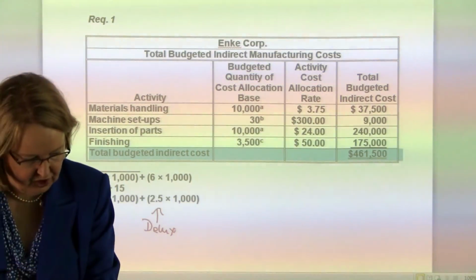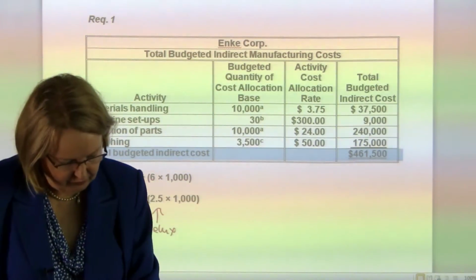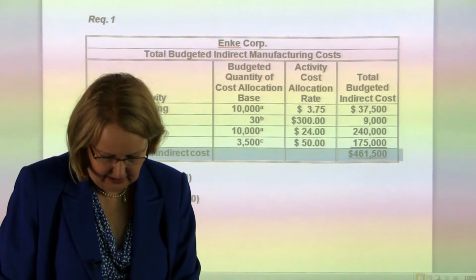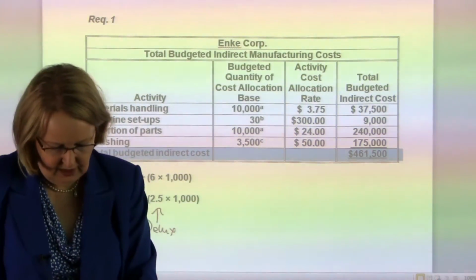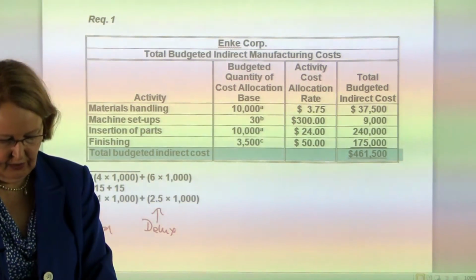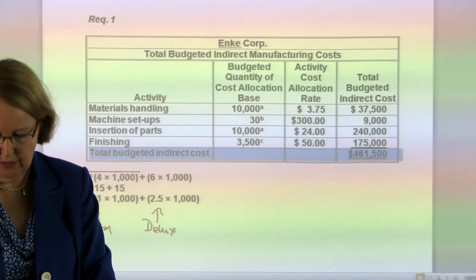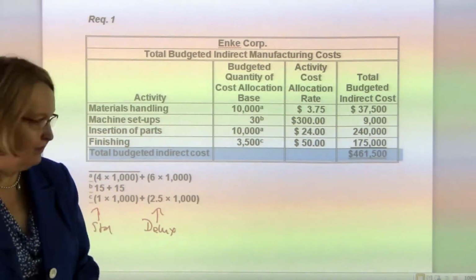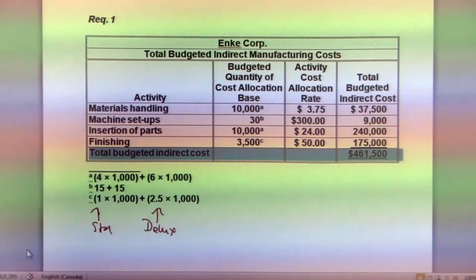So the requirement 2 for this problem is to compute the manufacturing overhead per wheel for each model. So what we're doing here, and we'll just scroll down.